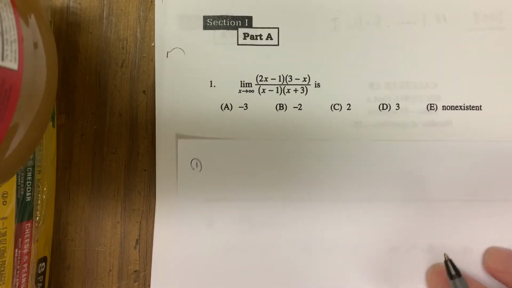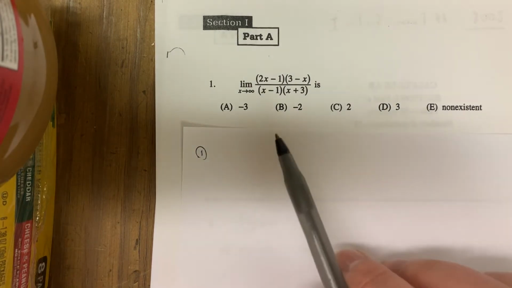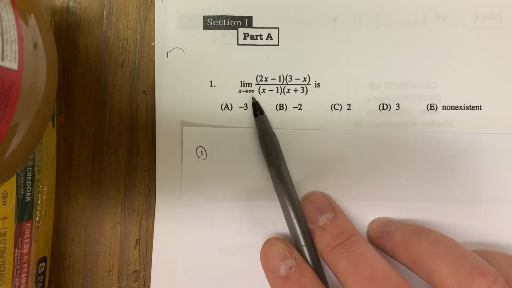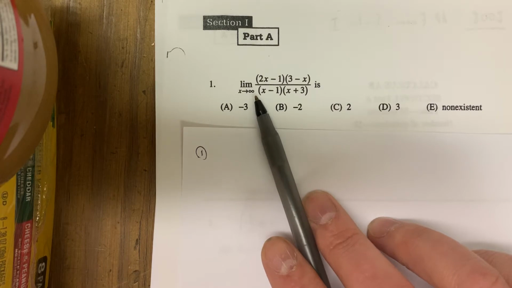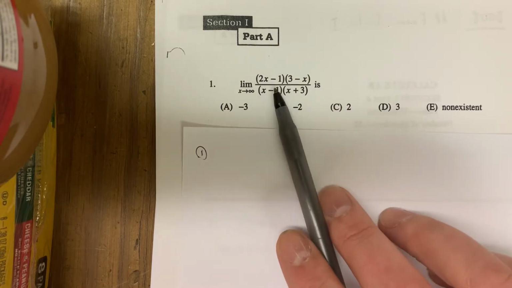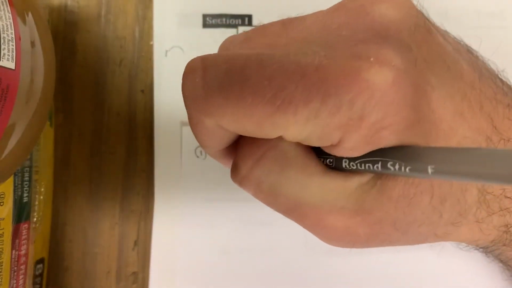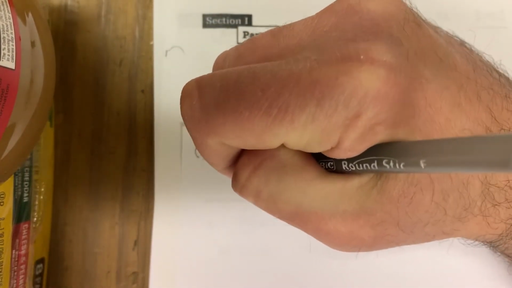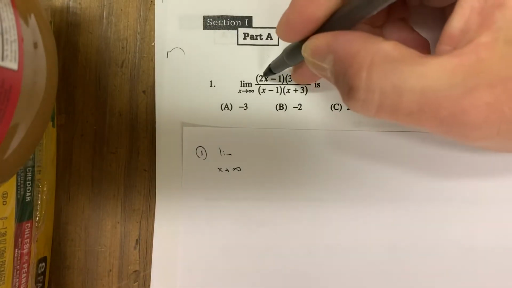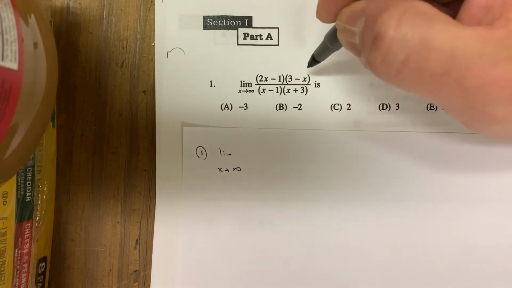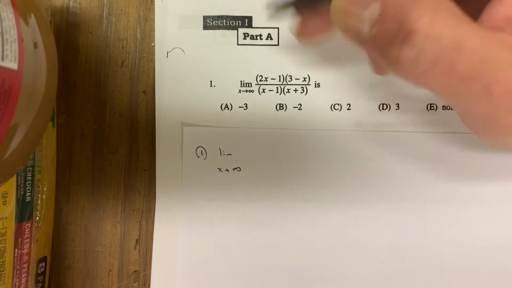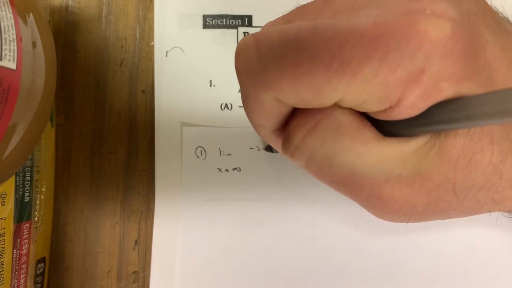So as far as number one is concerned, they just want to know what this limit is right here. Limit as x approaches infinity, okay? Remember, this is when you want to compare degrees, top and bottom. Find out if the top grows quicker than the bottom, vice versa. Up top, you only care about terms of highest degree. You can FOIL this whole thing out, double distribute if you want to, but the 2x times the negative x is going to give you negative 2x squared up top.